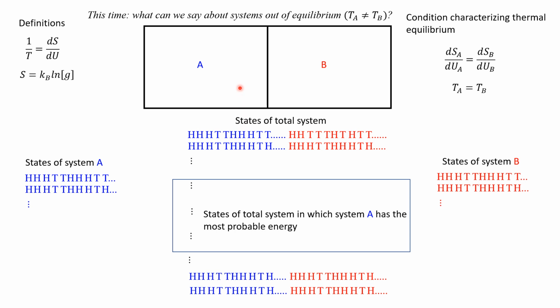Now let's suppose that we have just prepared systems A and B and they have not reached equilibrium yet. So let's suppose that at time t equals 0, their temperatures are different. So in this case, we cannot use the fundamental assumption of statistical physics. For example, let's suppose that at time t equals 0, this is the state of the total system. And then we ask, what will be the state of the total system after some time, which is sufficiently short so that only one coin can exchange energy with another coin.